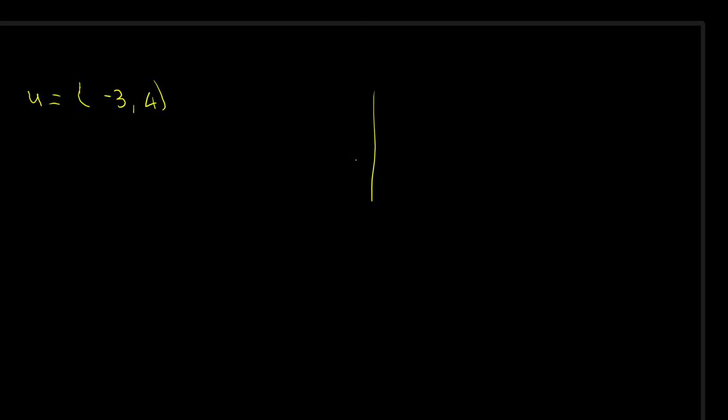If we draw this, it's going to be minus 3 on the x-axis, that's 3 in this direction, and 4 in the y direction. So there's our point, minus 3, 4.